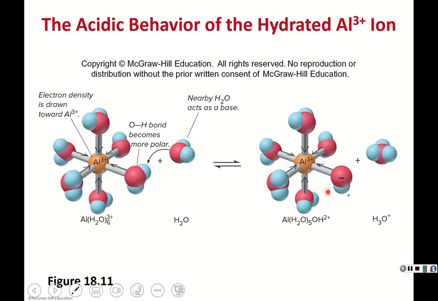And then you have an overall case where you have 5 waters now coordinated to aluminum plus an OH group, and then 1 H3O+. So thus it's acting like an acid. It's donating a proton. This big aluminum water complex can donate the proton.